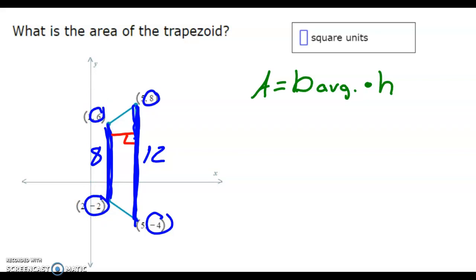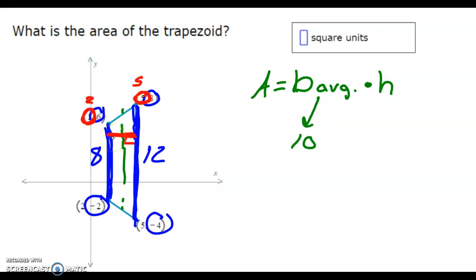Okay, so for those of you that are quick here, your base average is going to be 10, right? 12 plus 8 is 20, divided by 2 is 10. So your base average that you're going to use in your formula is 10. Your height, we are just going to be looking then at those x values. That's a 5, and that's a 2.